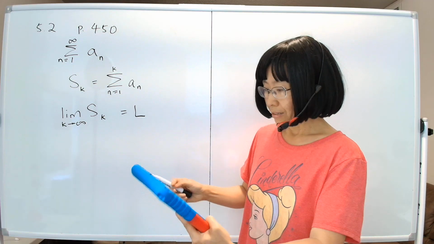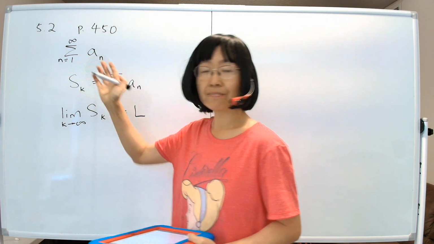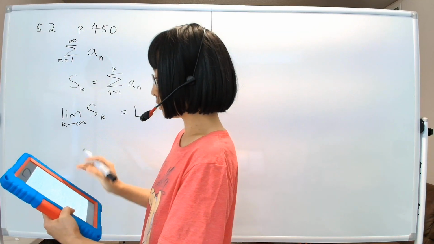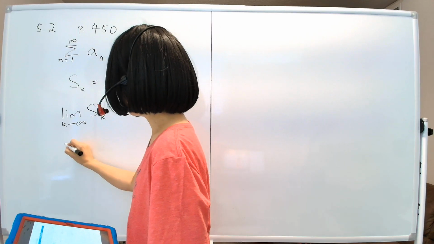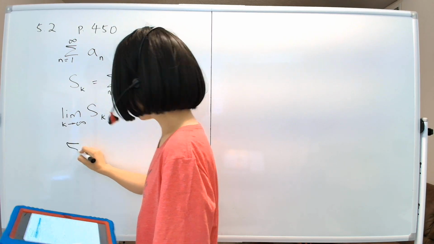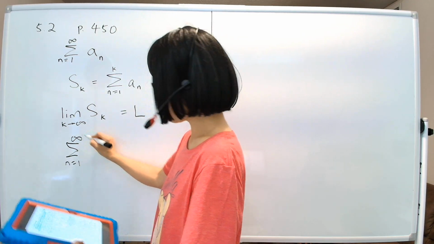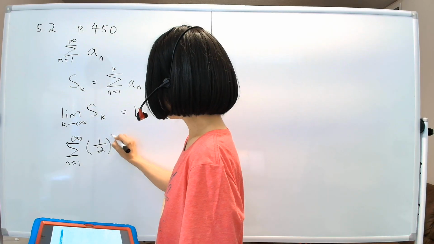For example, the most classic example of an infinite sum that still adds up to be finite is, how does your book put it? Okay, the sum at the bottom of the page, from n equals 1 to infinity of 1/2 to the power n minus 1.